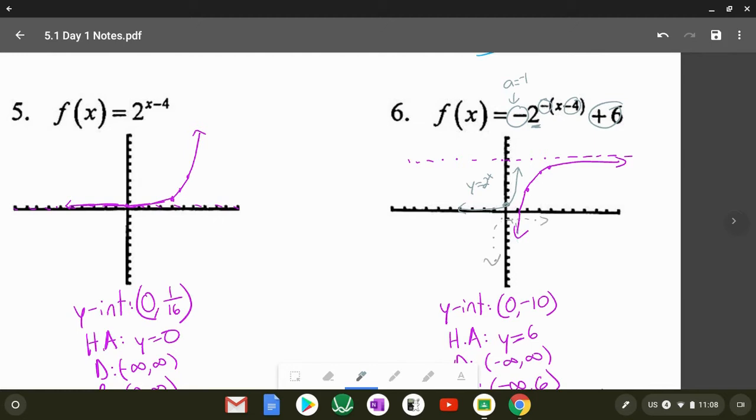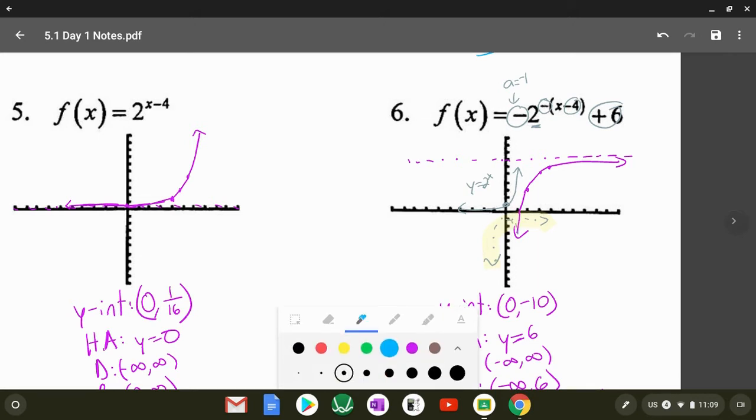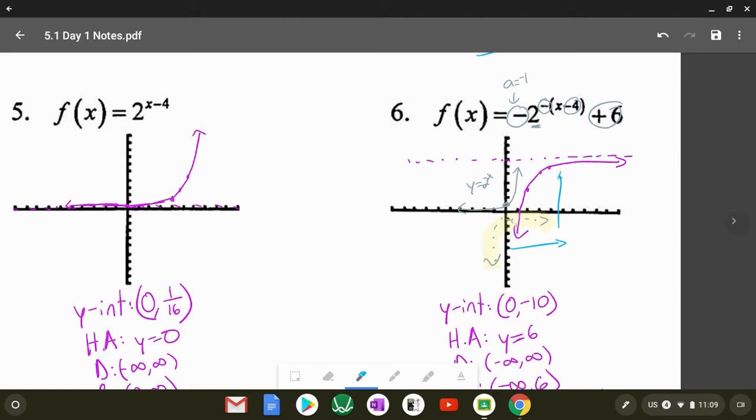There's a lot going on here, but hang with me. And then we took this function right here, after we reflected it twice, and we shifted it to the right 4 units and then up 6 units. And that was our translations, which is how we ended up getting that.